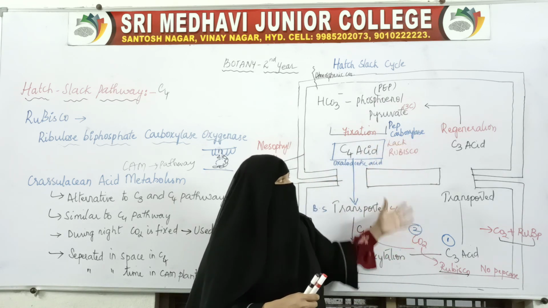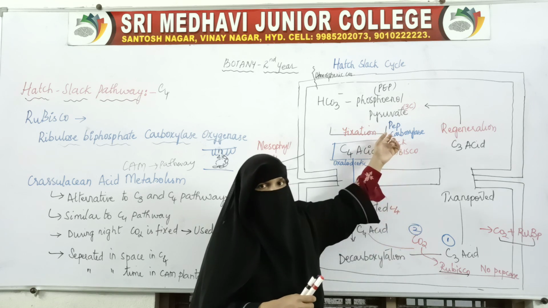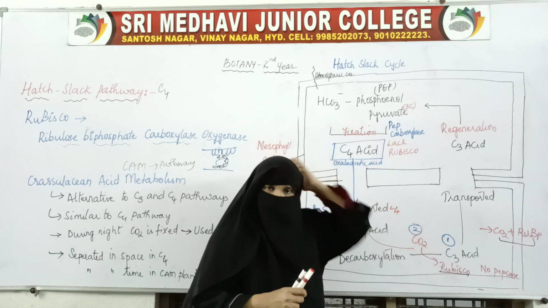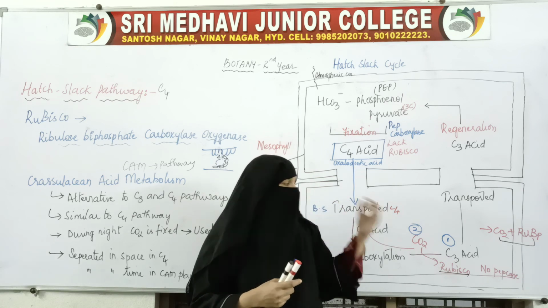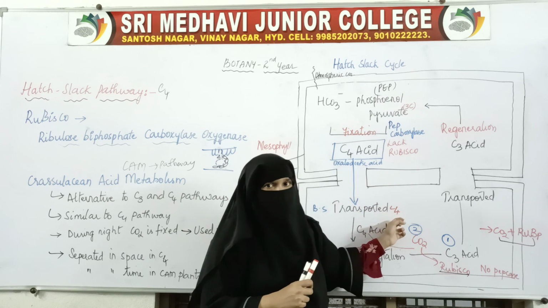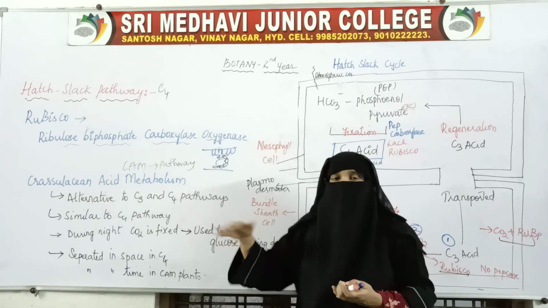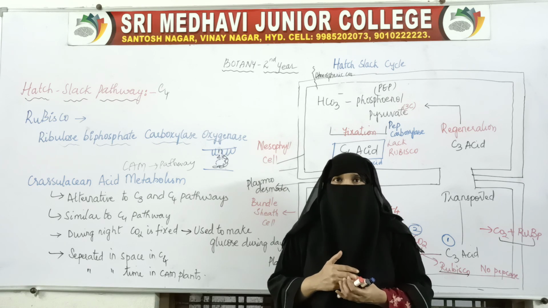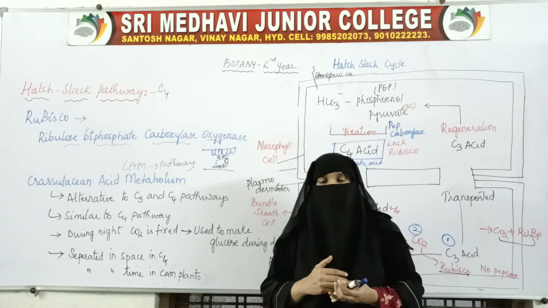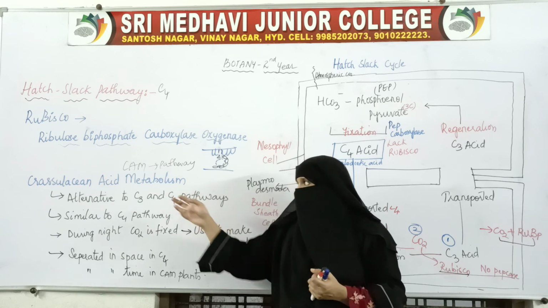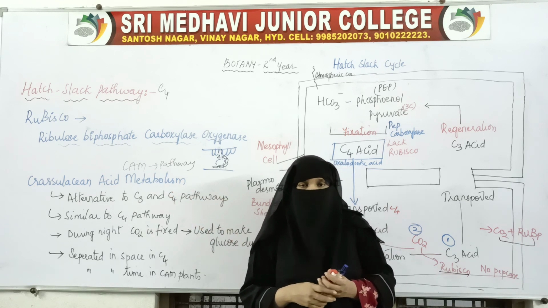In C4, two cells are used: in the first cell the acid is formed, and in the second cell that acid is decarboxylated and the C3 pathway takes place. That is a space difference, but here it is a time difference. In the night, carbon dioxide is fixed, and during daytime they produce glucose. So this is about the CAM pathway.